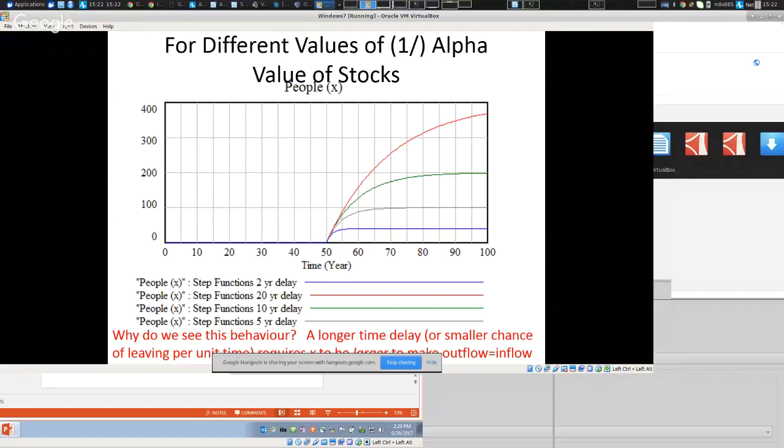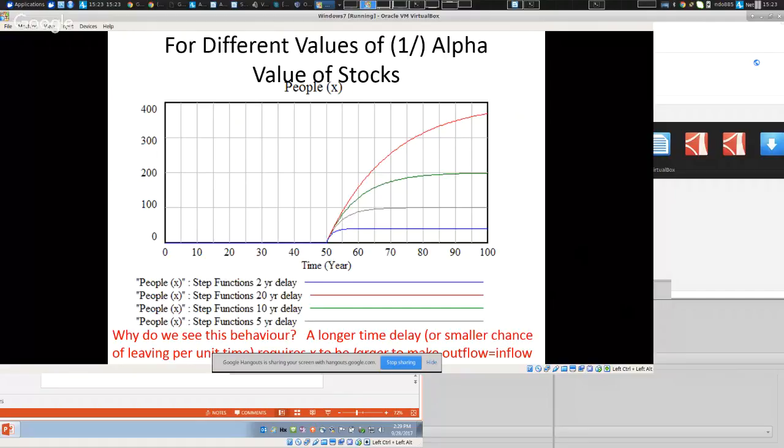And the outflow is the value of the stock divided by tau. So if we have a fixed, defined inflow, and we're dealing with a larger value of tau, the outflow is the value of the stock divided by a larger value of tau.